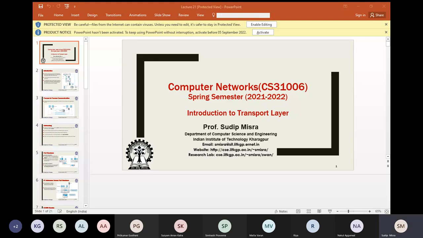So the socket address is used in the transport layer as a combination of the IP address and the corresponding port number. Until you get the IP address and port number combination, you cannot make the connection all the way through at the bottom as well as on the top. For the top, you need the port number. For the bottom, you need the IP address. So this is called the socket address.